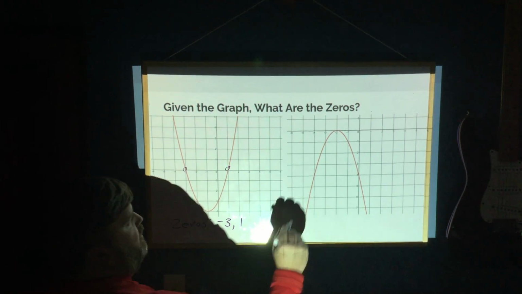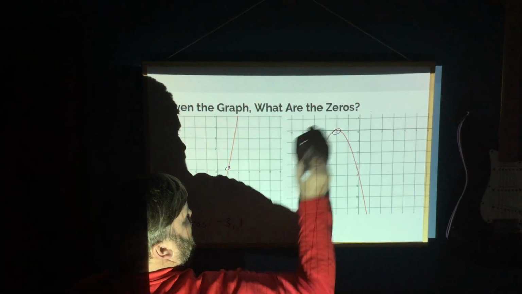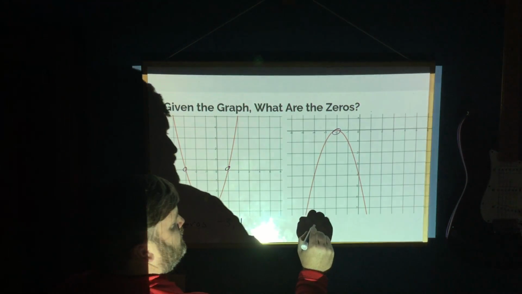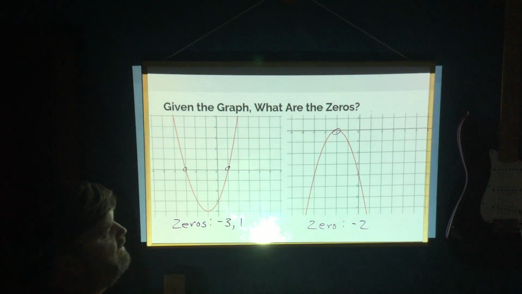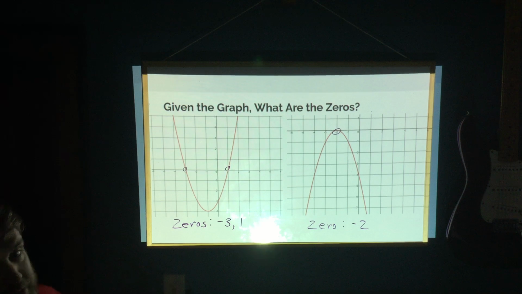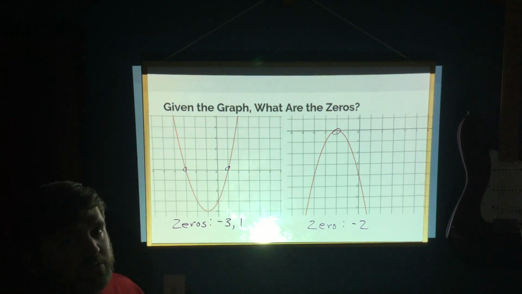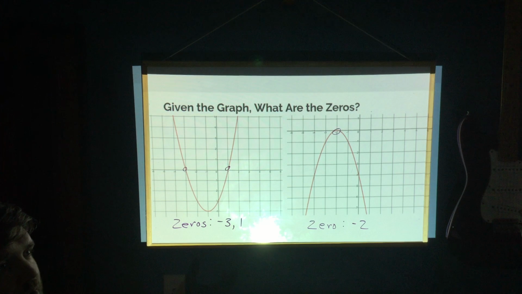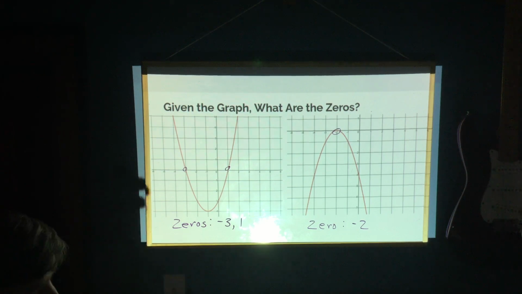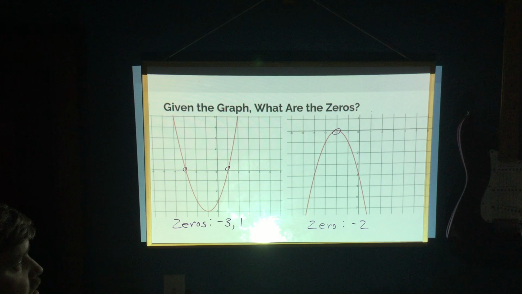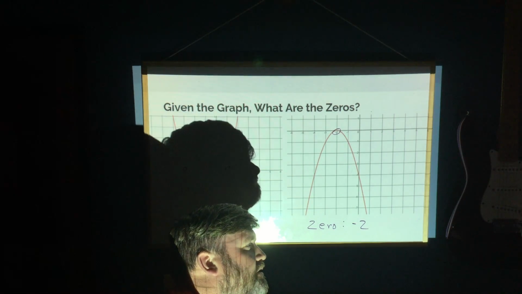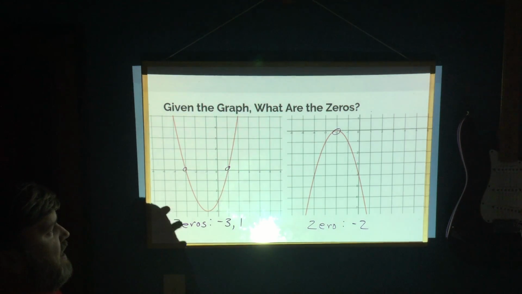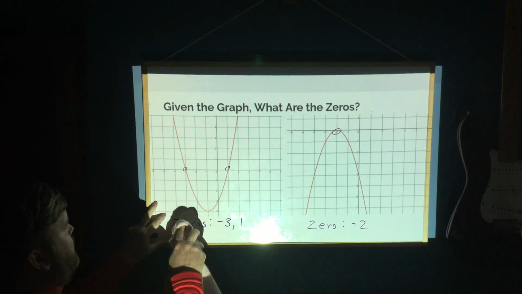Here, the parabola crosses the x-axis at -2, so this only has 1 zero, and that zero is -2. The zeros and the x-intercepts are the same thing. We just refer to them differently depending on what context we're talking about. They actually have a third name. Sometimes they're referred to as the solutions, and again, we'll figure that out eventually, not this lesson. But if you find the x-intercepts, you have found the zeros.